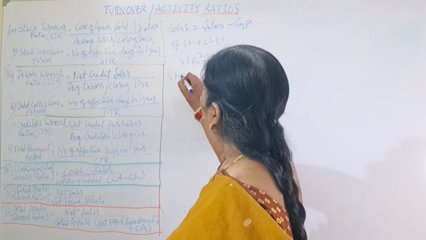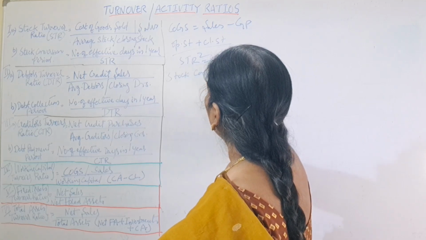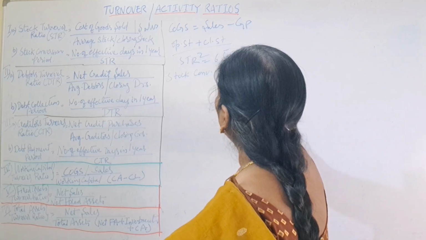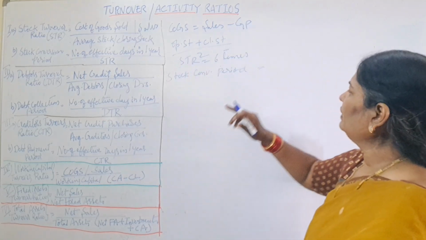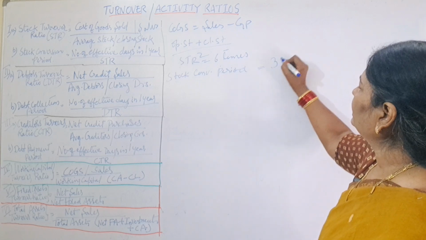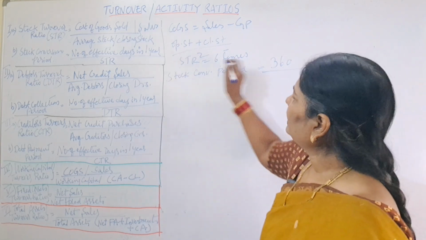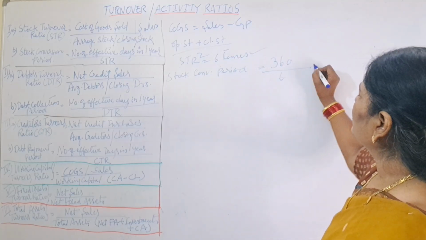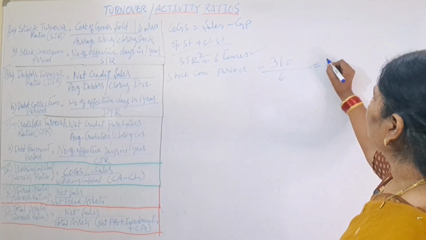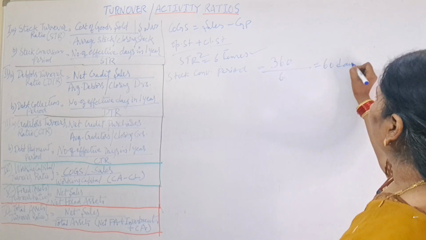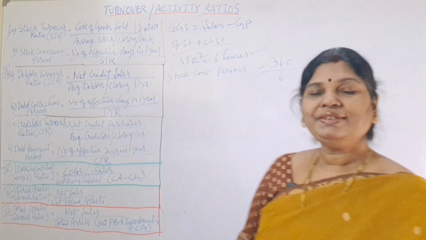Stock conversion period is equal to the number of effective days in 1 year. Here you will take 360 days divided by STR, which is 6 times. So 360 divided by 6 means for every 60 days you have to refill your stock.